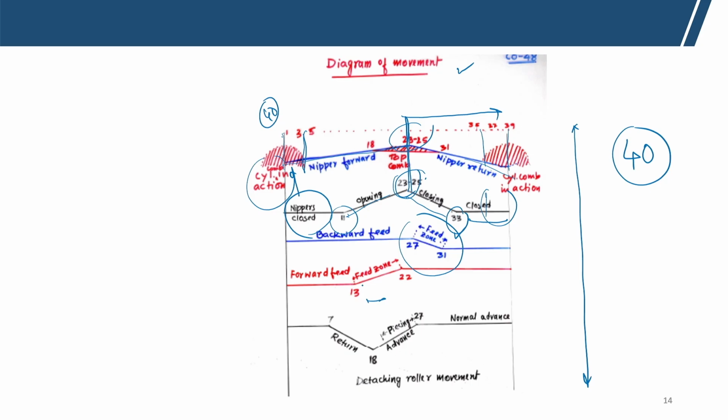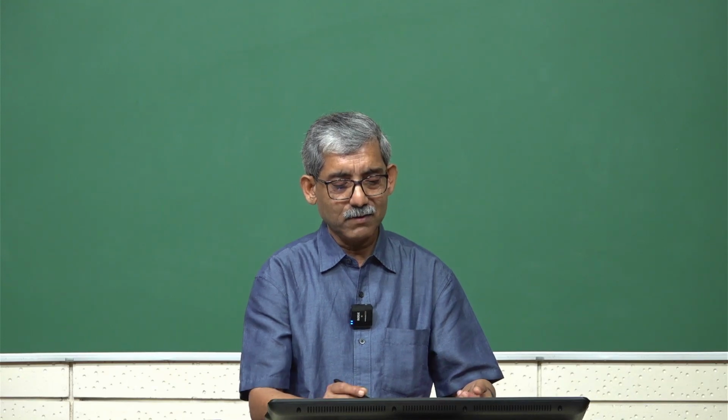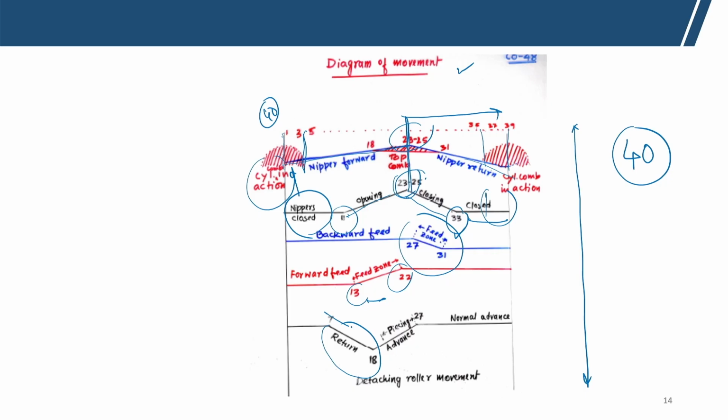So, between 13 to 22 the feeding takes place, and if we see the detaching roller movement, the detaching roller will start rotating backward. The return starts at 0.7 and goes up to 0.18. So, it has fed back. By that time when the detaching roller is returning the material, the nippers are moving forward.